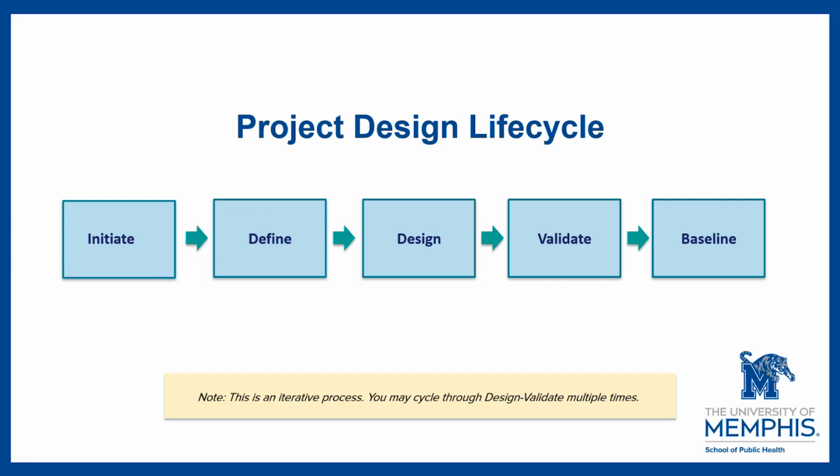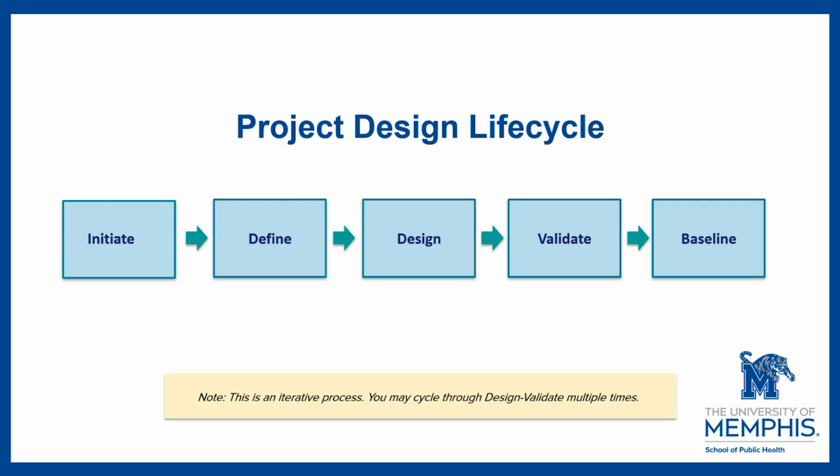And at this stage, you also have the opportunity to adjust the design based on feedback. And stakeholder feedback is very important because they will tell you how this design or this project is going to affect them. So listening to your stakeholders for input at this stage is very, very important because it will save you time and money when you implement your project.